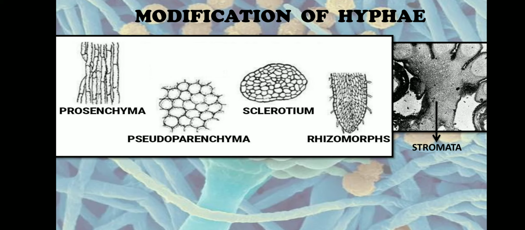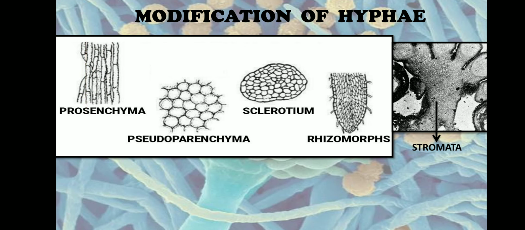There are two types of plectenchyma. We call them prosenchyma and pseudoparenchyma. Prosenchyma is made up of a loosely woven tissue of hyphae. You can see many hyphae aggregate to form a prosenchyma.